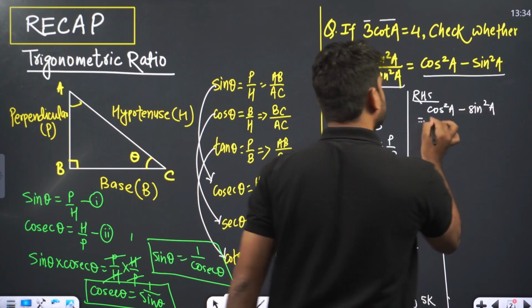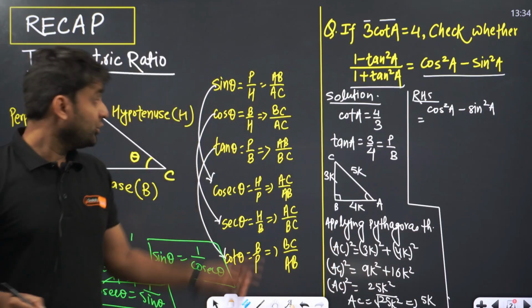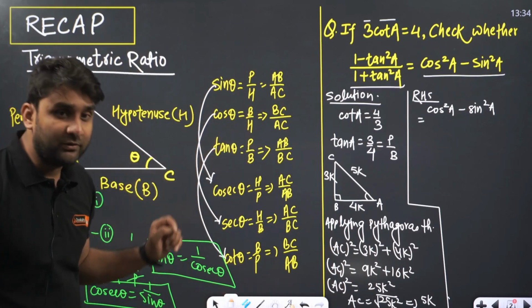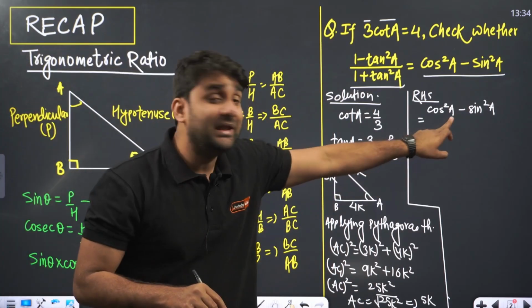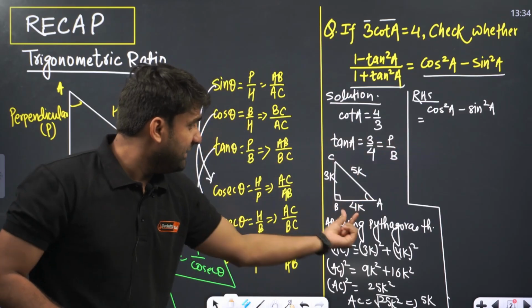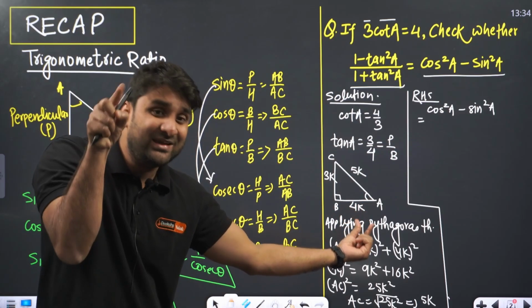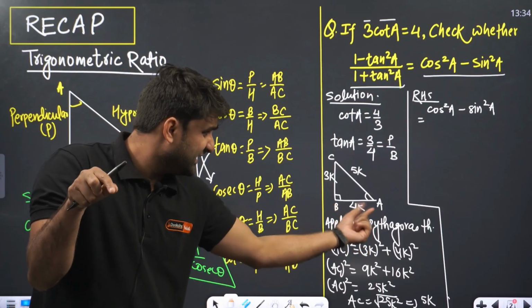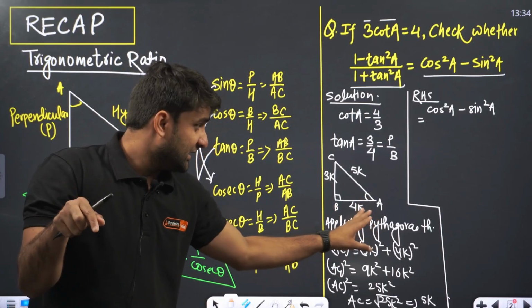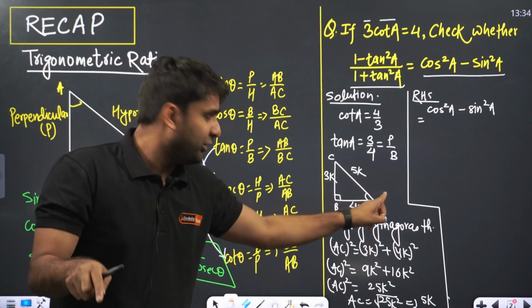My dear champions, what is cos? Cos is equal to base by hypotenuse, and we are dealing with angle A. So for angle A, base will be 4k. The side on which the angle is there is the adjacent side of the angle, the neighboring side.